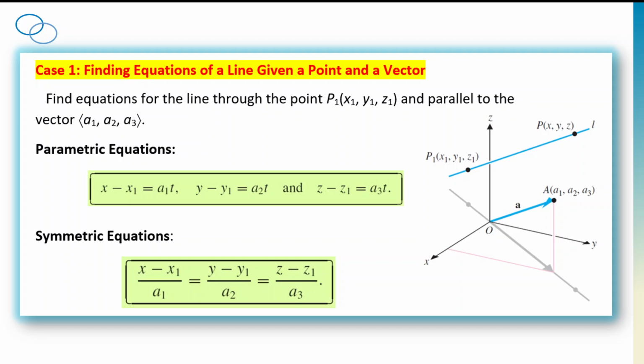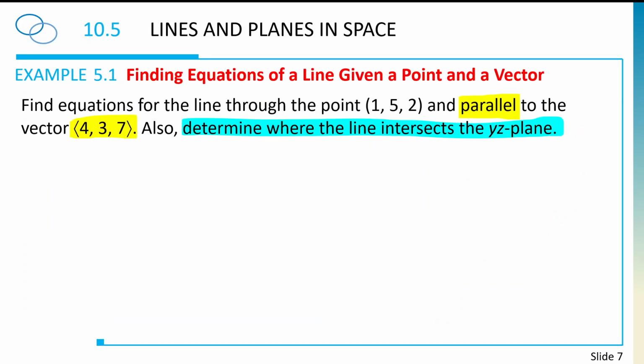Now let's try one example on this case, the first case on finding the equation of a line. This is example 5.1. It says find equations for the line through the point (1, 5, 2) and parallel to the vector (4, 3, 7).